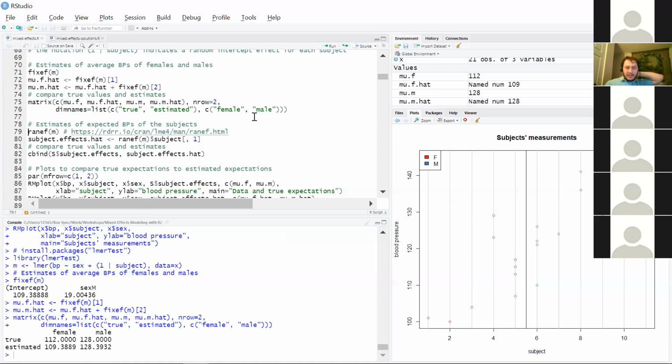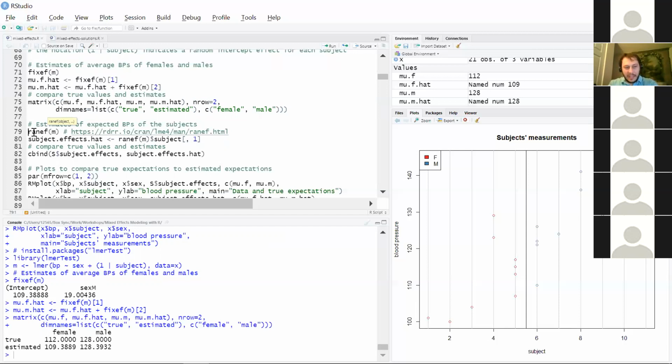Now I'm going to focus on this random effects function in this presentation, maybe more than people would in practice, because I think it'll help us understand what's happening better. And I think actually it should be more of a focus in practice, and I'll explain why in a second. So fixef of m gave us the betas.